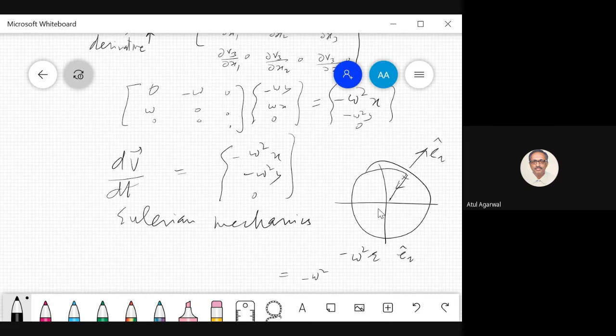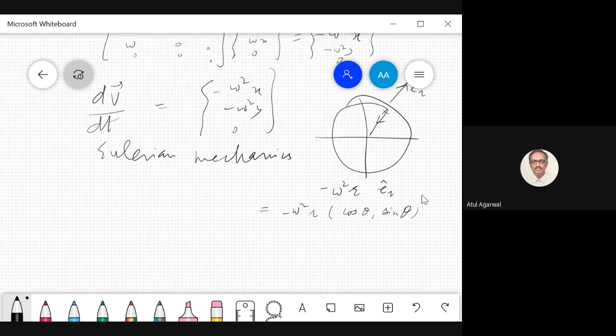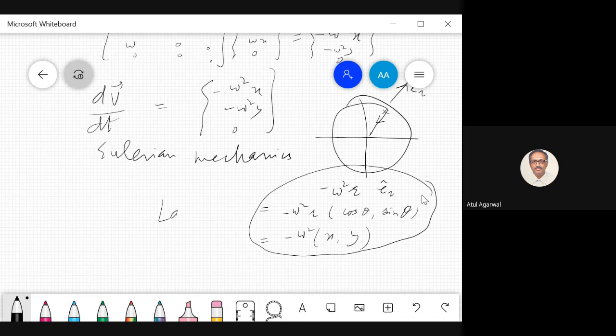So you get minus omega square r. e_r I told you is cos theta, sin theta. So you're getting the same answer as before. So this you did by Lagrangian mechanics.